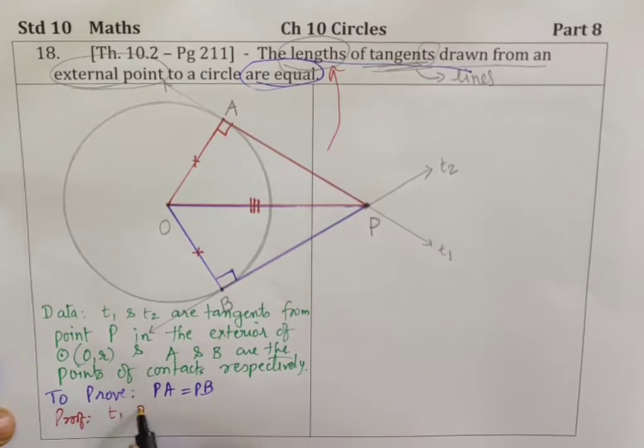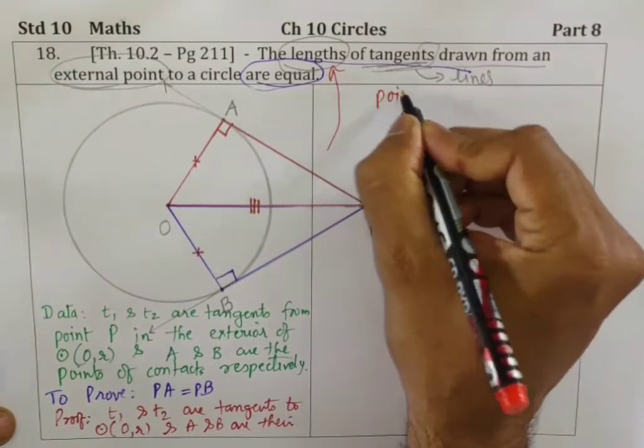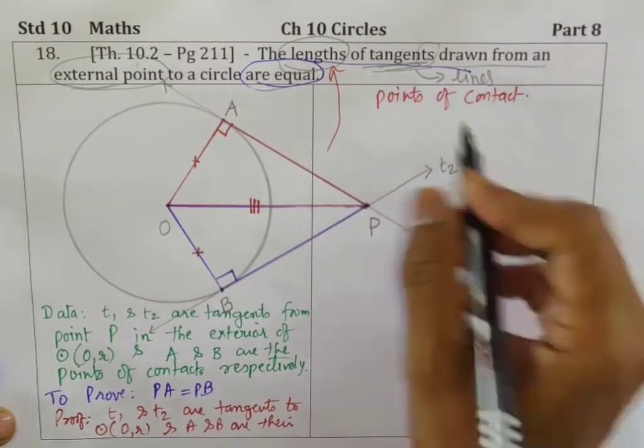So T1 and T2 are tangents to circle with center O and radius R, and A and B are their points of contact, right?